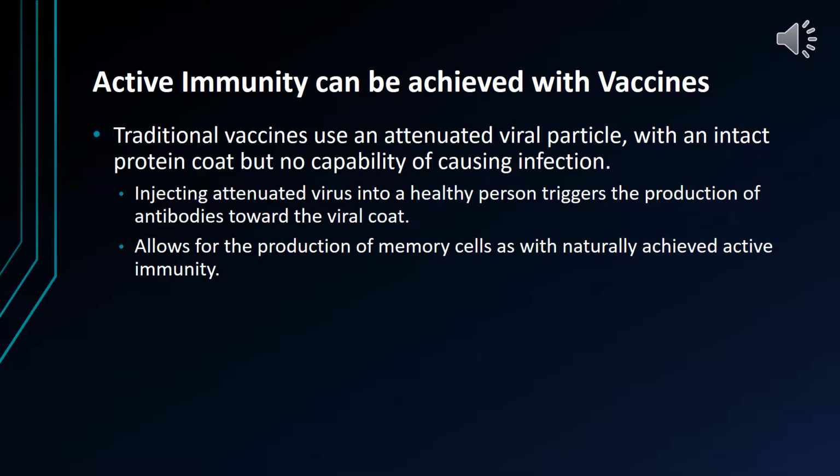And I'd also like to say that sometimes if you get a vaccine shot, you might get a little sick for a little while, but it's going to be nothing compared to actually being exposed to the healthy and completely functioning pathogen.